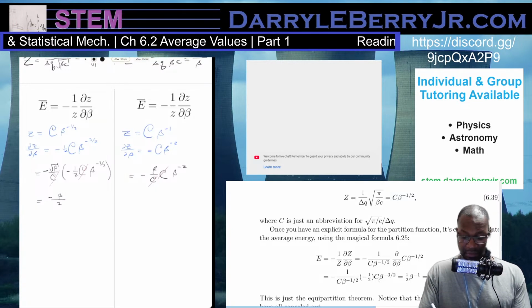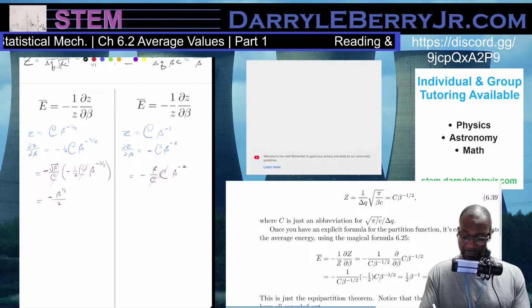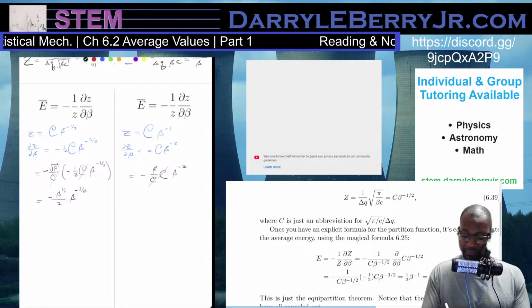This will be B to the 1/2 and B to the negative 3/2.